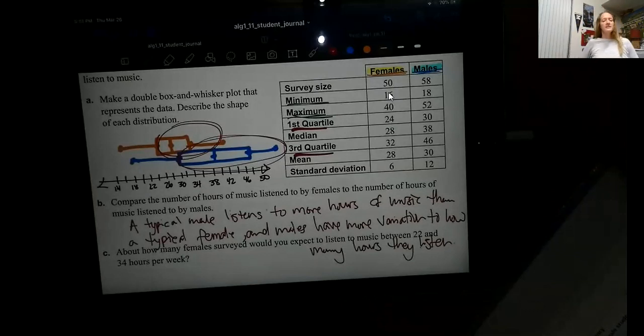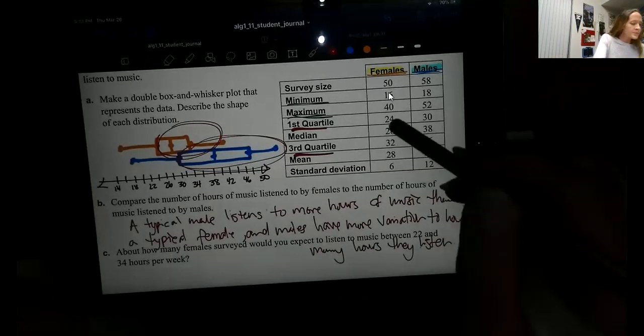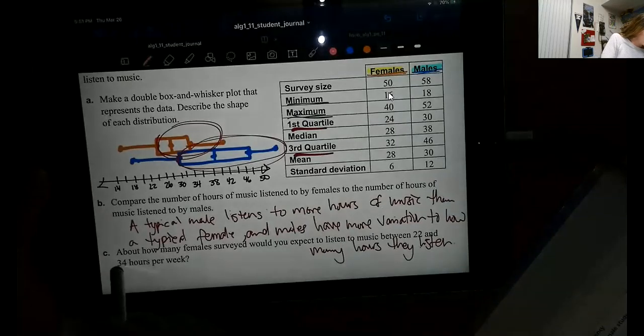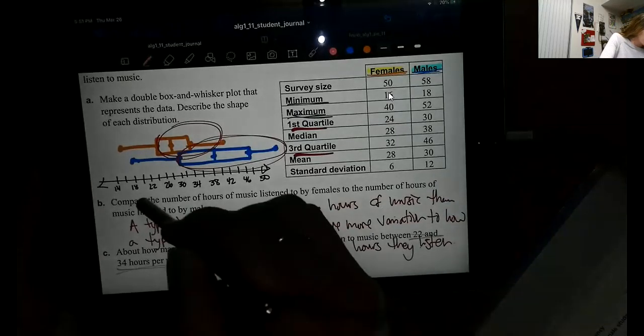Now, letter C asks us another question: how many females surveyed would you expect to listen to music between 22 and 34 hours? So 22 and 34.